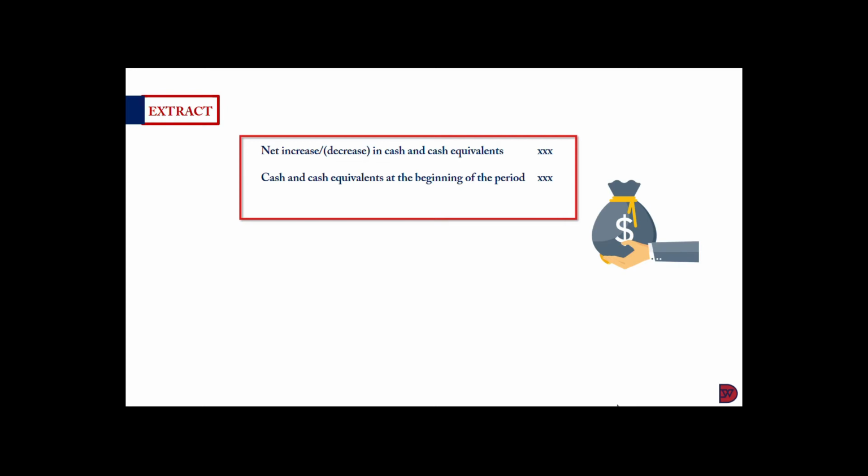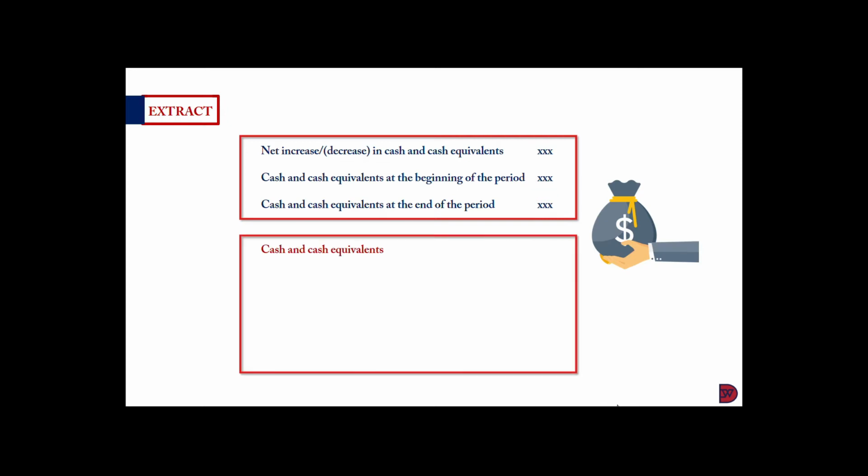You add short-term investment, then you adjust it or less it with bank overdrafts. When you net them off, it becomes the opening balance, which is the prior year. The closing balance also has to come below. So when you add the opening balance to the net increase or decrease in cash and cash equivalent, that is supposed to give you the closing figure for the cash and cash equivalent. If it does not, then it means that there's an error somewhere which needs to be rectified.